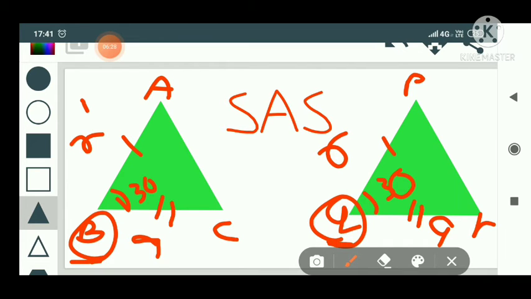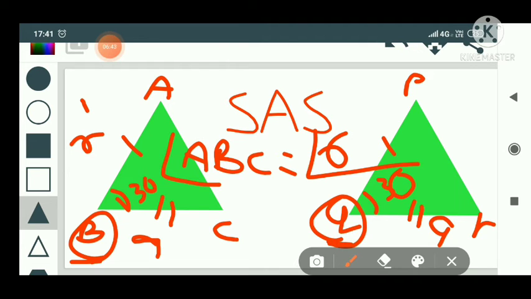In this case, we see that AB is equal to PQ, BC is also equal to QR, and angle ABC equals angle PQR. So I think you know about SAS congruency.